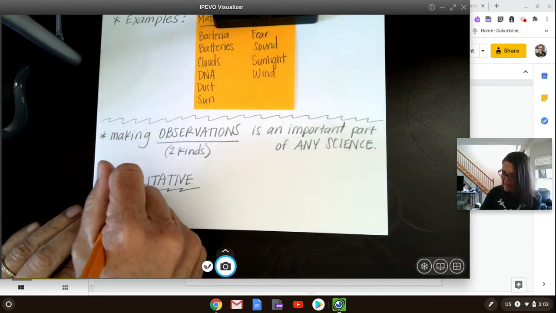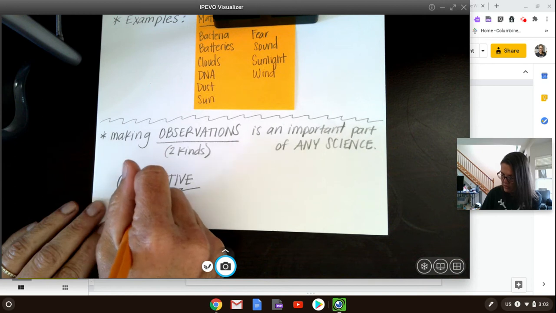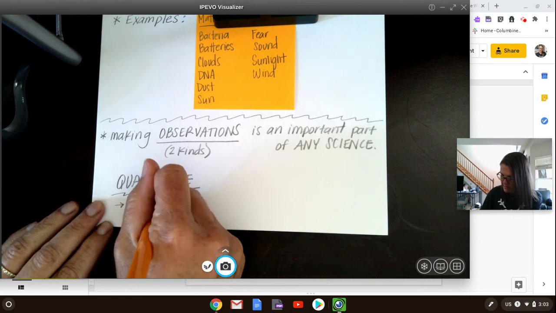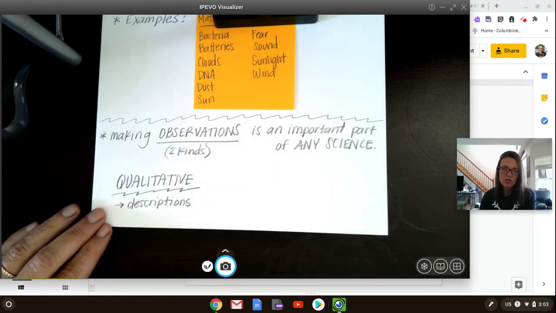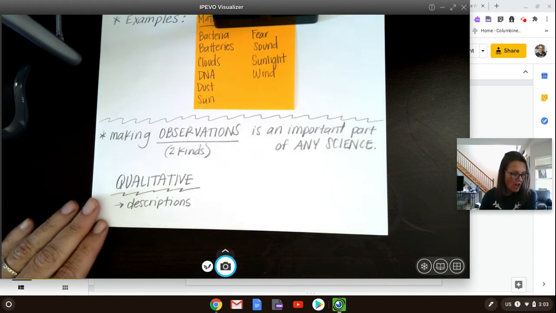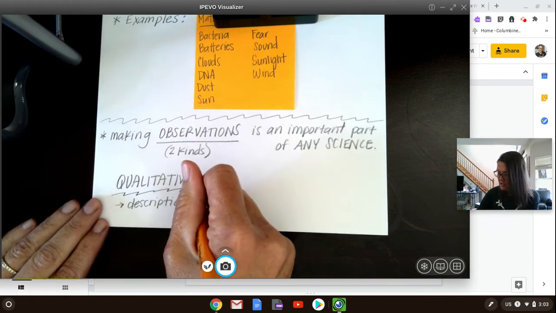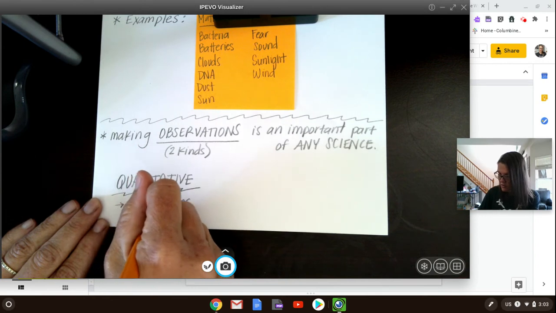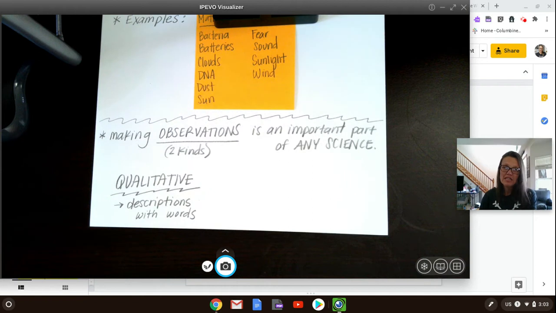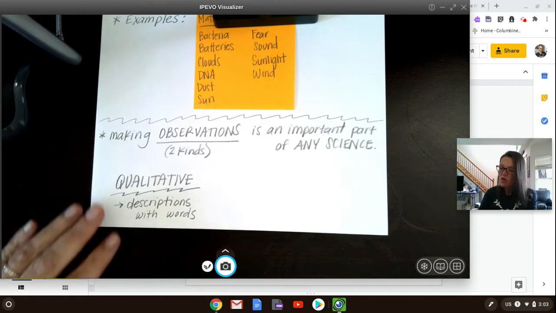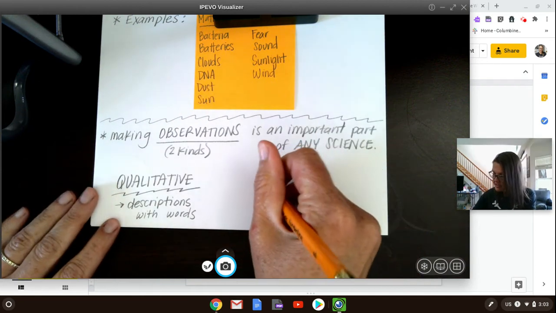So you make them with words. So the solution is cold, the solution is blue, the solution is clear, or the solution is foggy. Those are all descriptions with words. The other type of observation, and it's the one that we're going to focus on today, are quantitative observations.